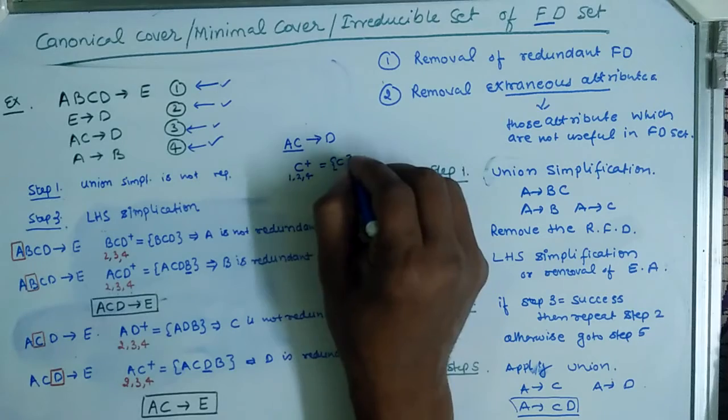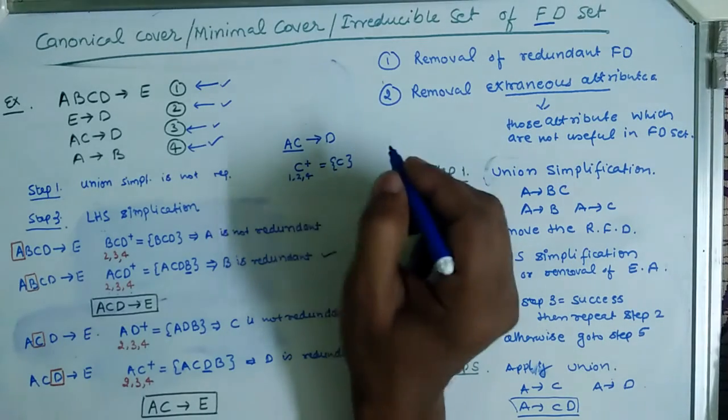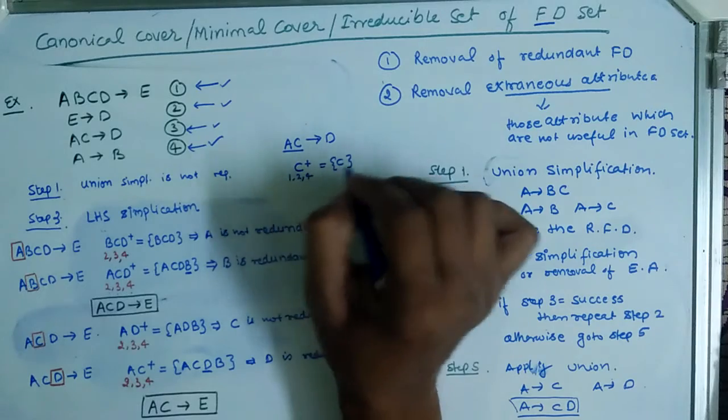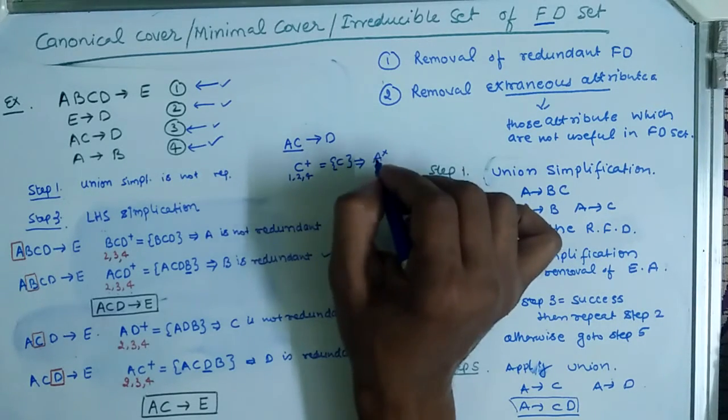So C closure will be C only. There is nothing else that can be derived from C using equations 1, 2 and 4. So we can say that A is not extraneous.